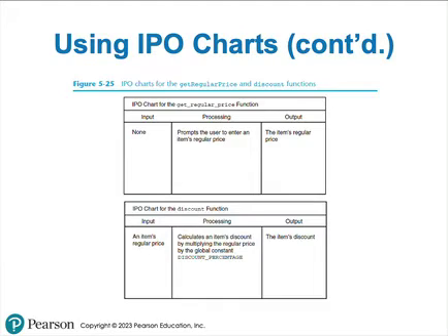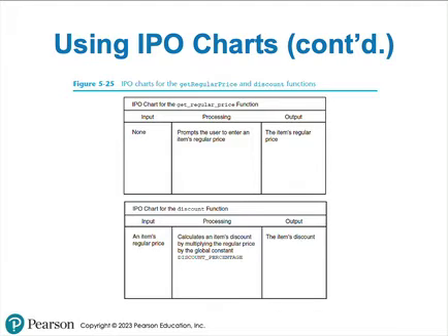So here's an example of IPO charts. We have a function get regular price. There's no input to this. It actually prompts the user for the regular price of the item, and then the output is the item's regular price. Pretty simple thing.